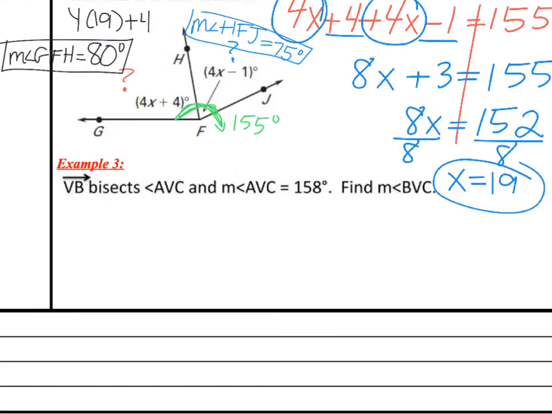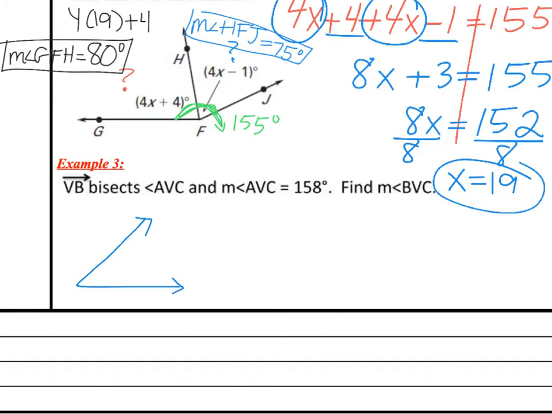The ray VB bisects angle AVC, and we know that the measure of angle AVC is 158. Find the measure of BVC. This problem is real confusing if you don't draw a picture, so let's draw one. Let's start by drawing an angle. Draw an angle here, and we've got rays.